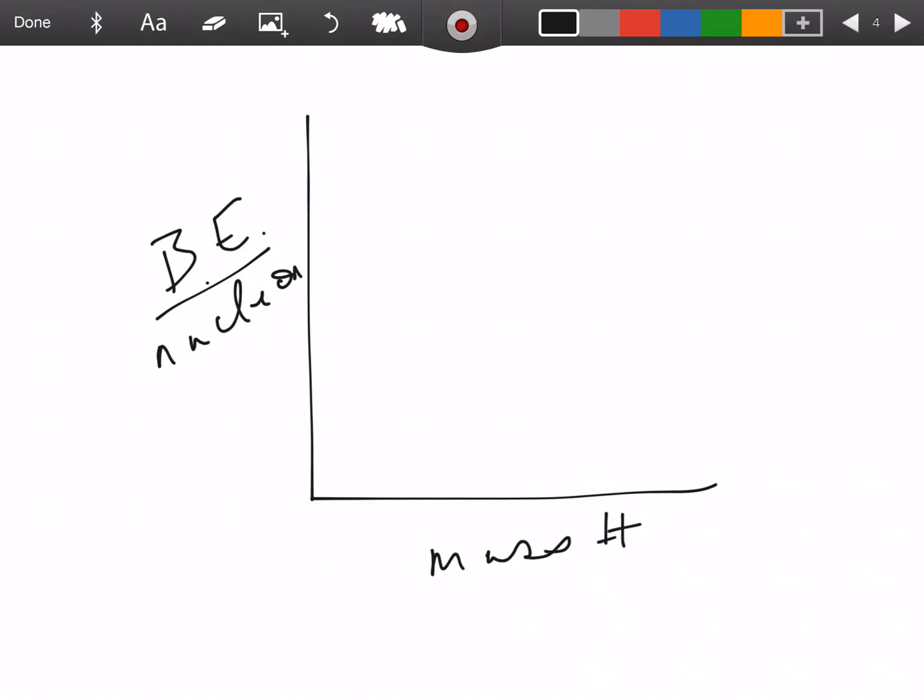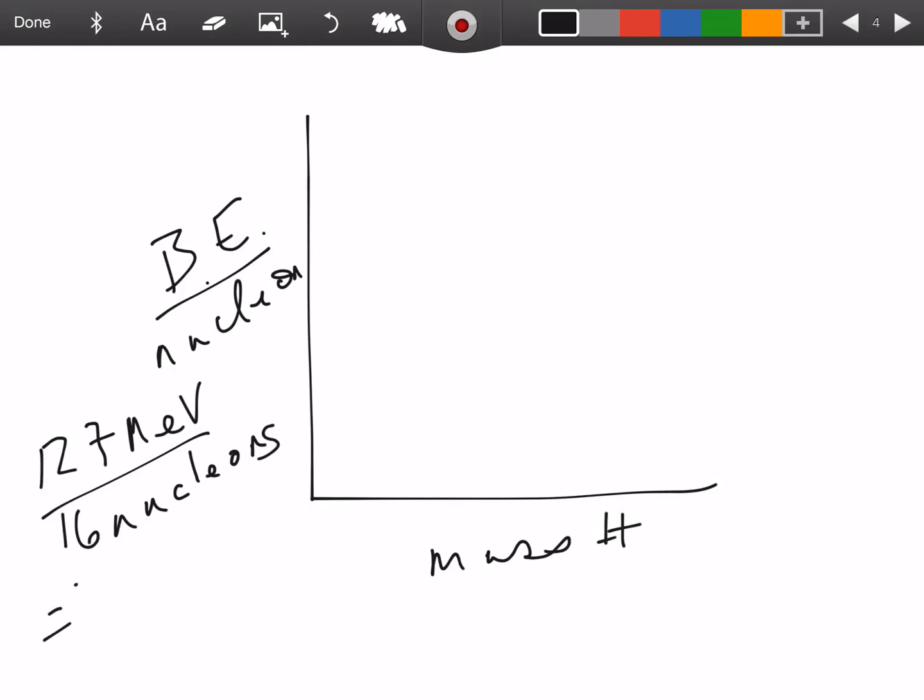So 127 mega electron volts, and that was for 16 nucleons, so 16 protons and neutrons together. That gives me a value of 7.94 mega electron volts per nucleon.